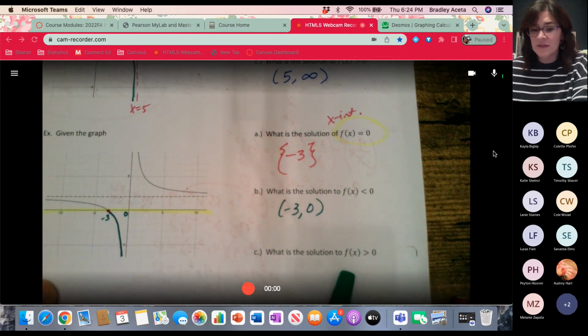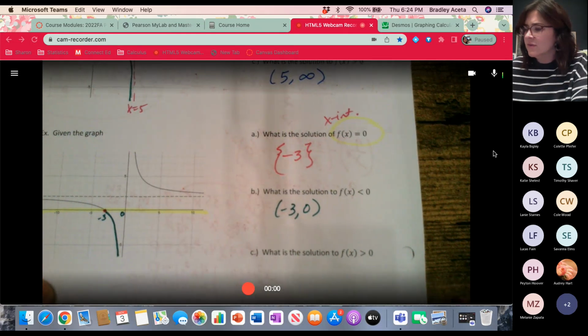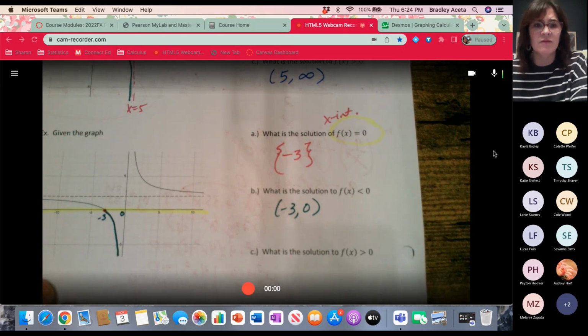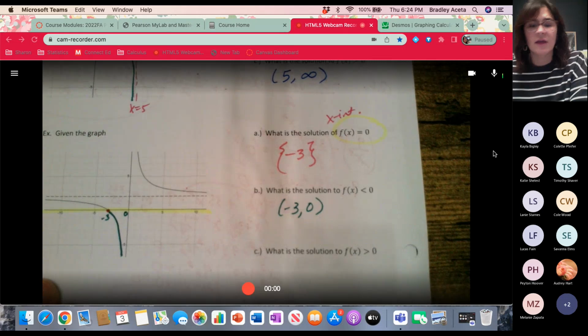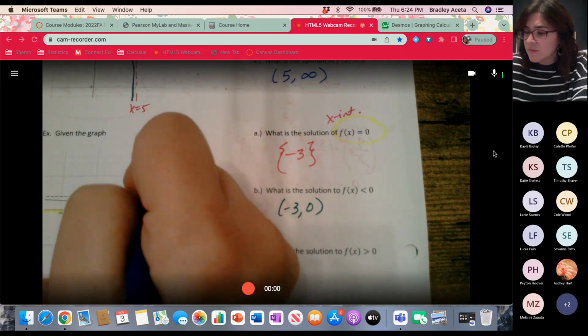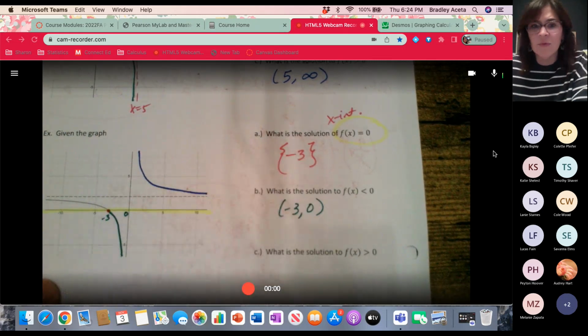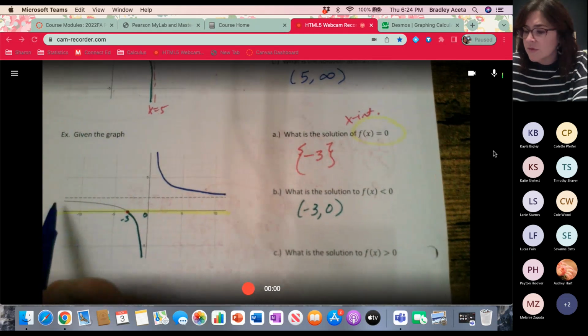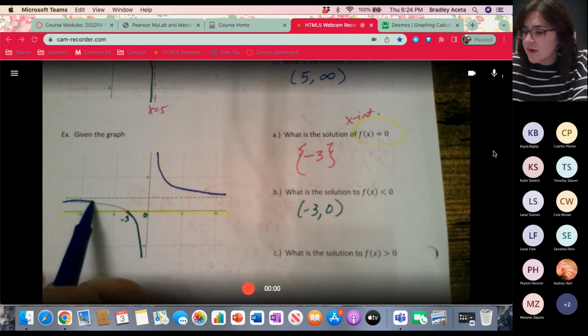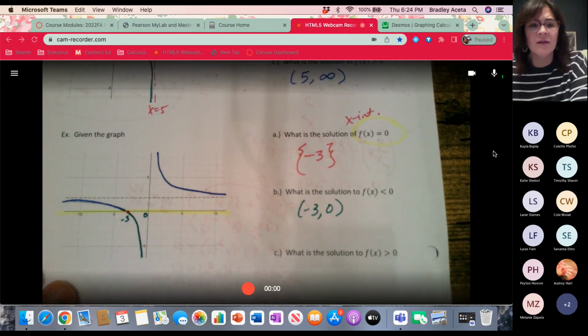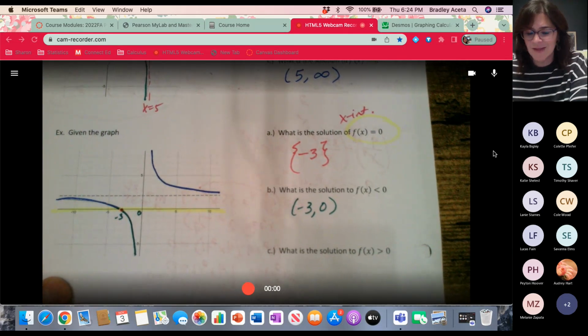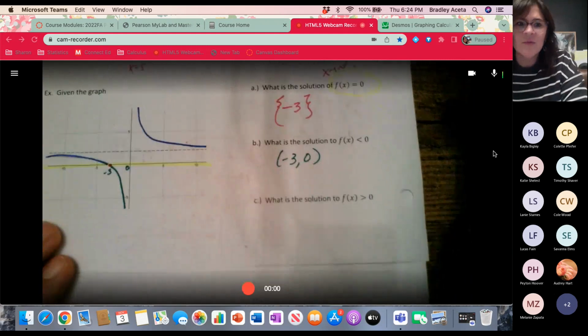Now this one is even crazier. This one's saying, okay, well, where am I above? Where's my picture above that yellow highlighter line? Well, definitely this one's above that portion right there. But look, there's another portion of the graph that is above the yellow highlighter line. You have to write both of them. So let's see, what would that be?